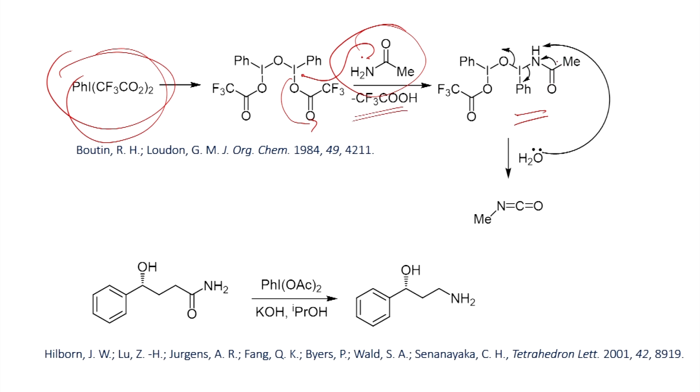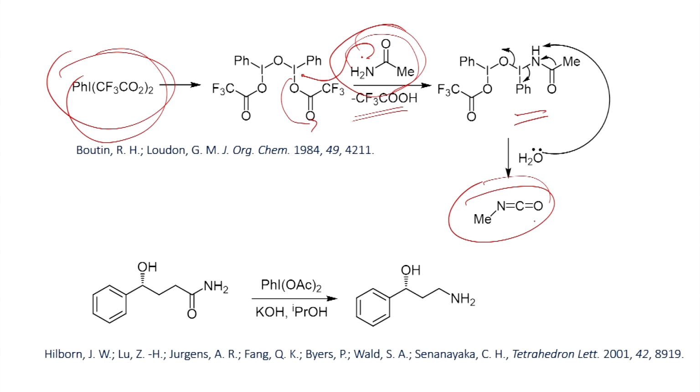Once you form this one, it can now convert into isocyanate as shown here. Once you form the isocyanate, it can be further reacted with the nucleophile. And so, in place of bromine, as you can see here, you can also use iodobenzene trifluoroacetate, which can readily react with the amide.